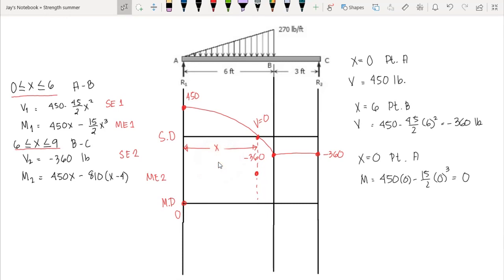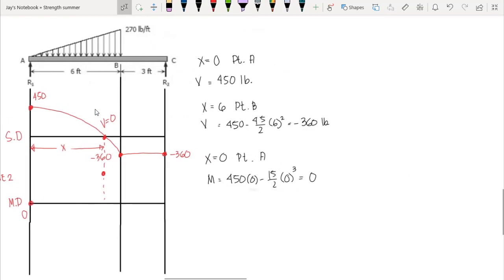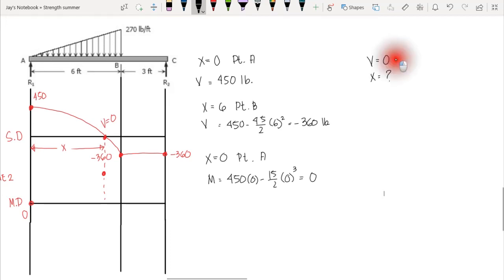So by using the shear equation of segment AB, we are using this one, 450 minus 45 over 2x squared, wherein our shear at that point is equal to 0. So we are going to look for the value of x, the location of shear 0.